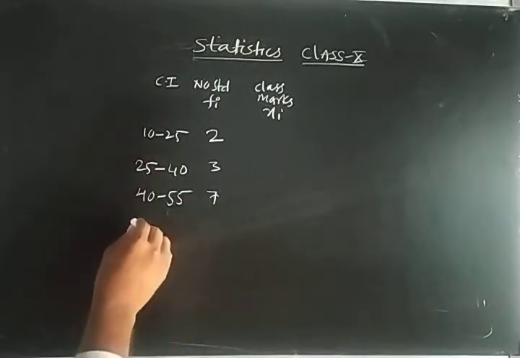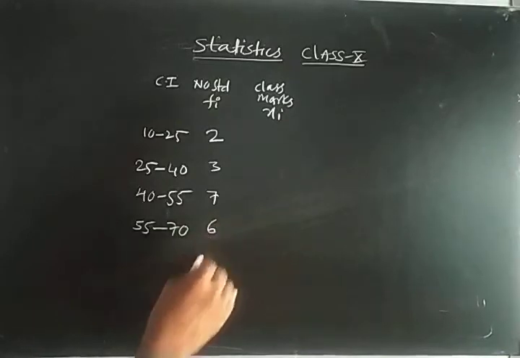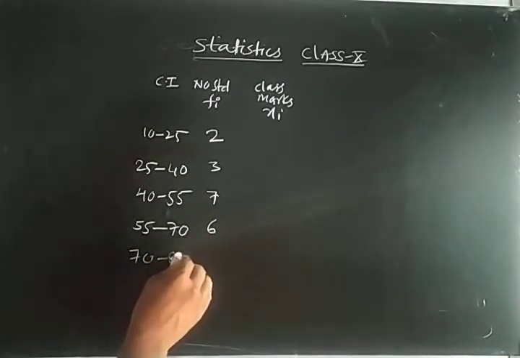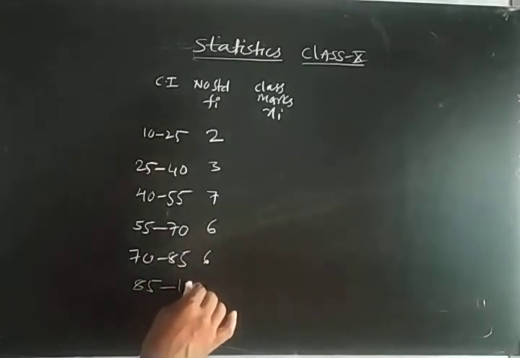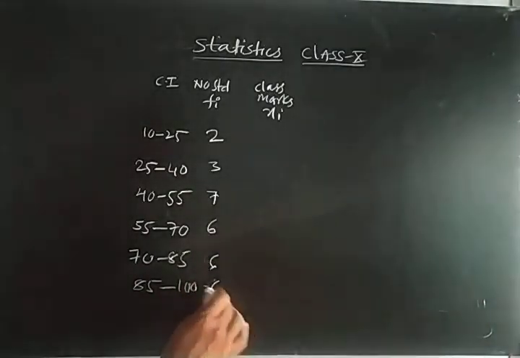Next, 55 to 70: number of students 6. 70 to 85: 6. 85 to 100: 6 students obtained the marks.